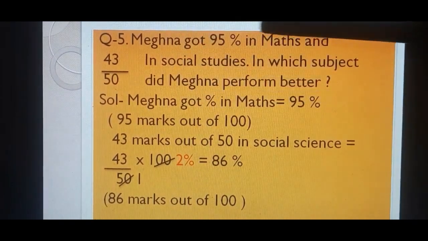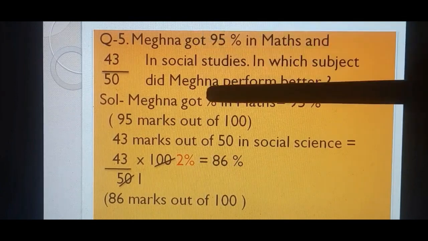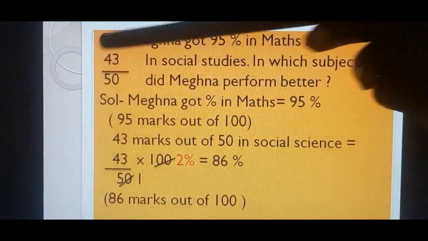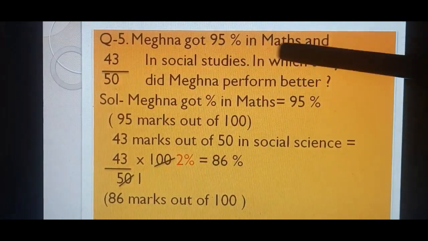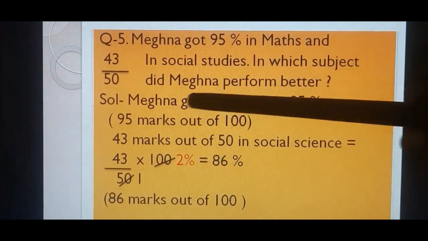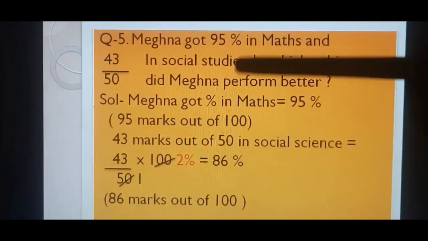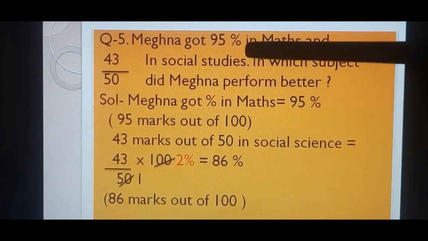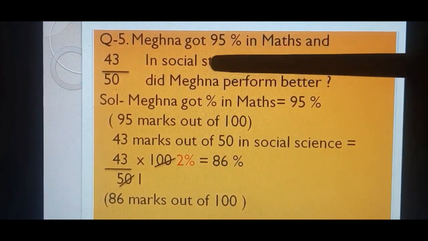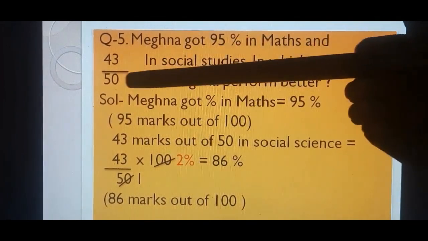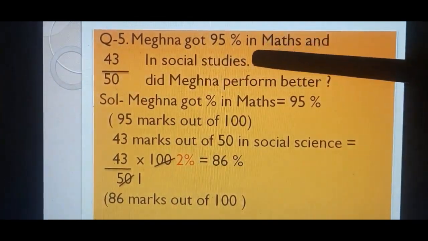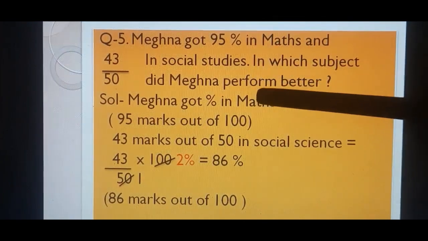Here for mathematics percentage is given, and for social science fraction is given. And it is asked in which subject did Megha perform better? किस subject में Megha ने अच्छा perform किया? We have to do comparison, but for that either we have to convert percentage into fraction or fraction into percentage. Only then we can compare. Okay.